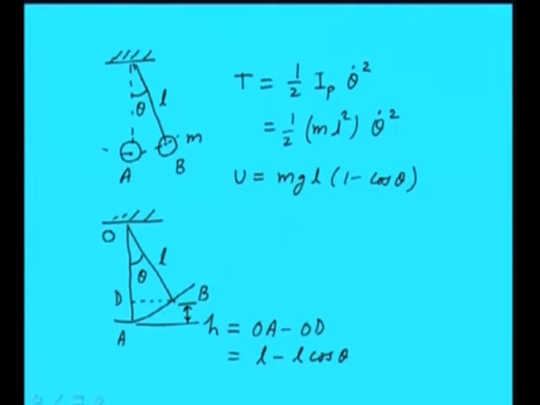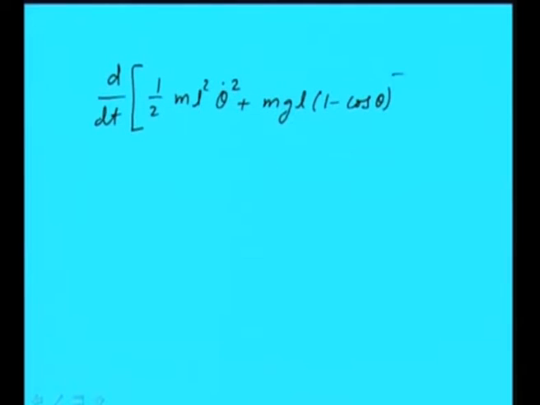Now we have the kinetic energy term and the potential energy term. We can sum them up, and if we differentiate, we'll get... I am writing all the terms first. So this is the kinetic energy, then potential energy, and this should be equal to 0.